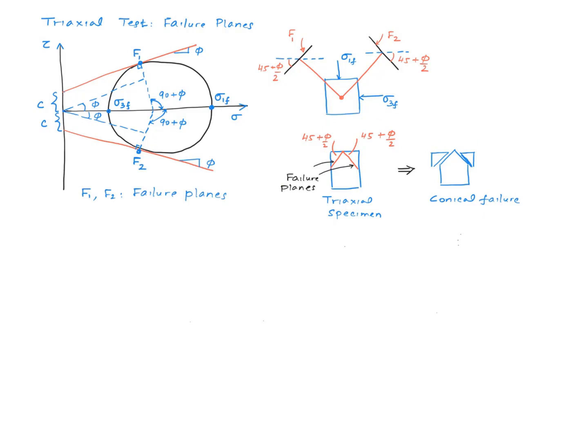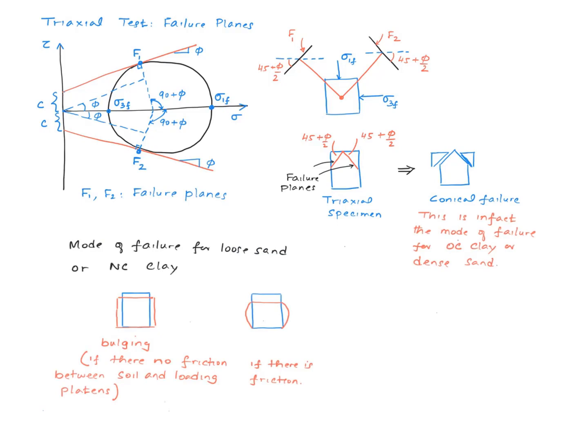So in fact, most of the time you do see something like this. It doesn't always happen though. Usually for an over-consolidated clay or a dense sand, this is the mode of failure. But for a normally consolidated clay or a loose sand, usually the specimen fails by bulging, like either this or this.